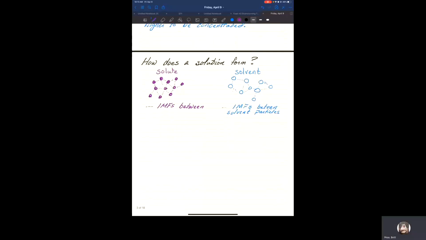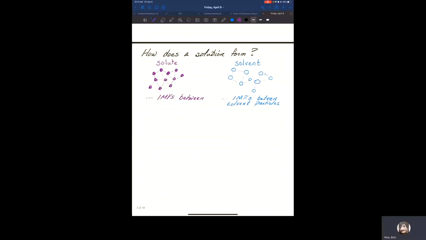So I have these IMFs now between the solute particles. Now I'm going to be making a solution.